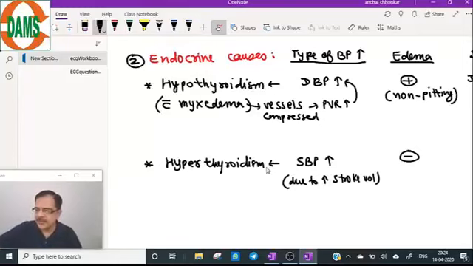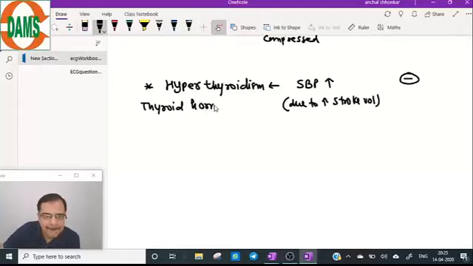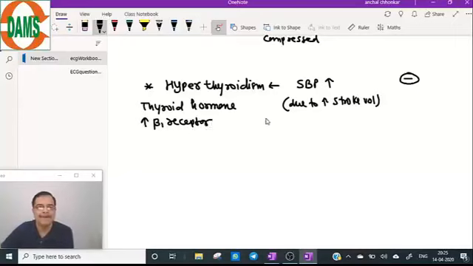Why does hyperthyroidism increase the systolic BP? The reason is physiology. Thyroid hormone increases beta 1 receptor function.